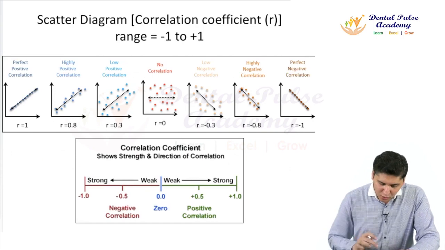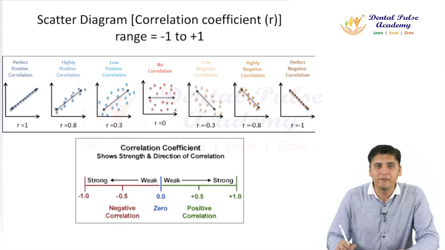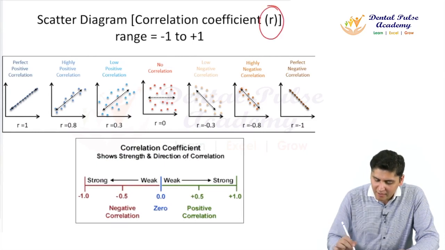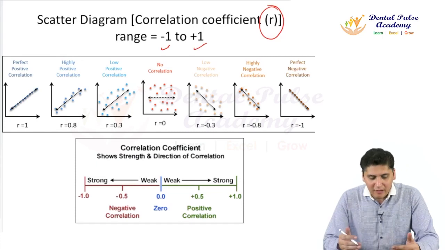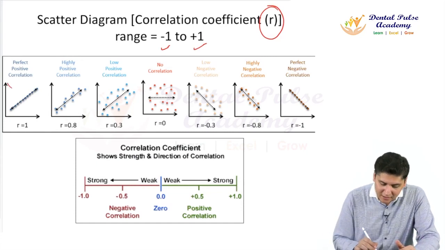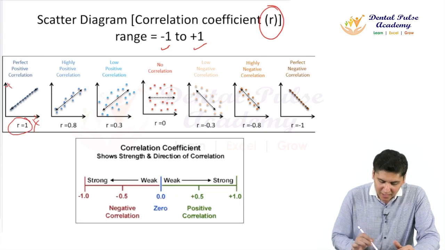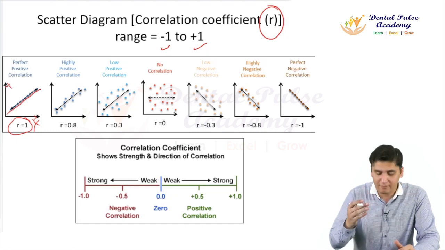Now, this correlation is expressed as the correlation coefficient, which is denoted by R, and the value of R ranges from -1 to +1. The higher the value, the higher the correlation between x-axis and y-axis. Now, R is 1, that is perfectly positive, if the dots are arranged in a perfectly linear fashion.